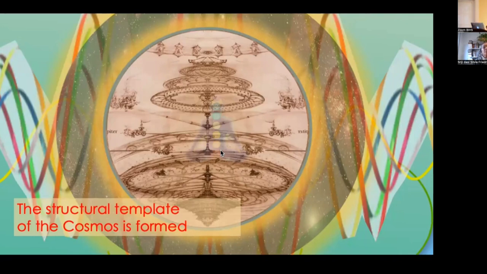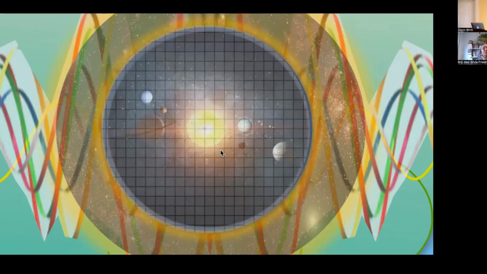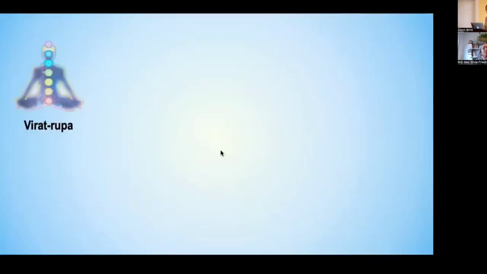So the structural template of the universe is formed, and through a process which I won't get into, it's connected with the paramanus and the kind of structural web that is described in the 8th canto. Then we have this form start to appear, and we get the cosmos, and this picture is as we humans experience it. So really what you have in these last few minutes, let me just explain.